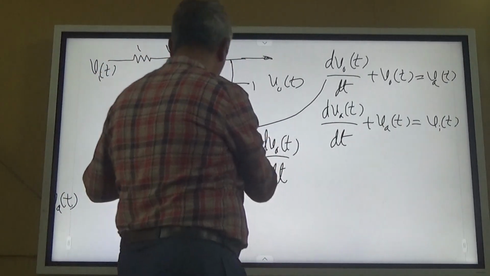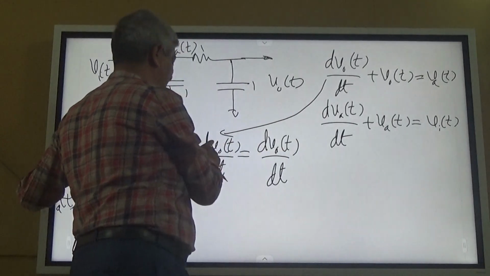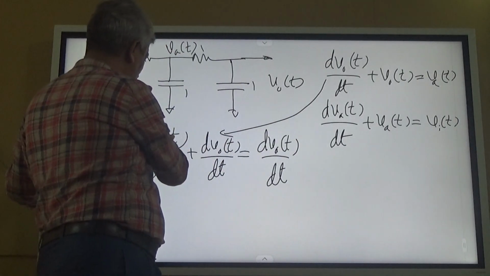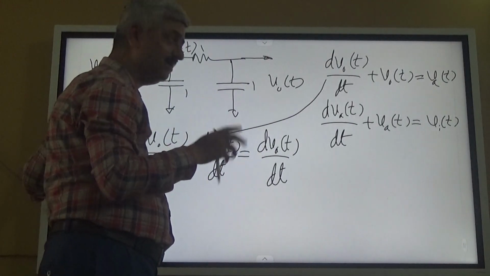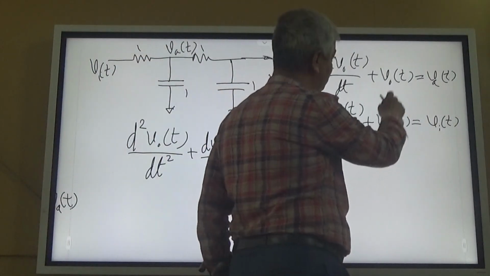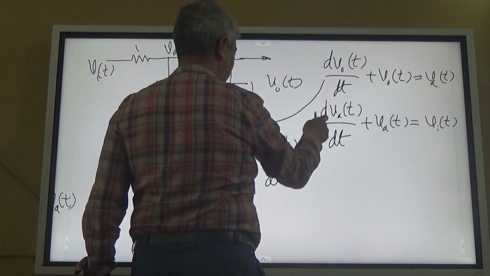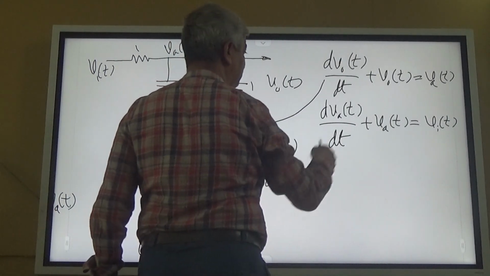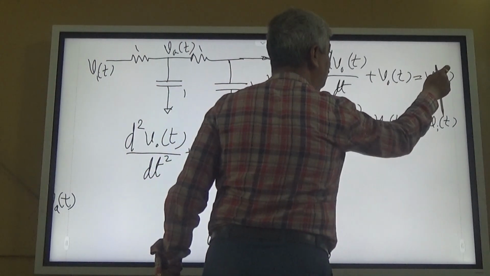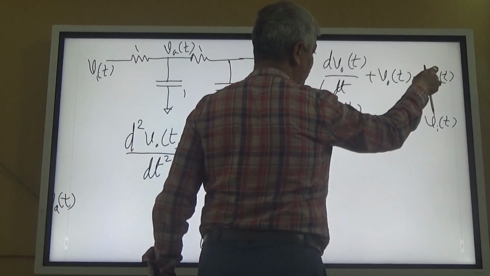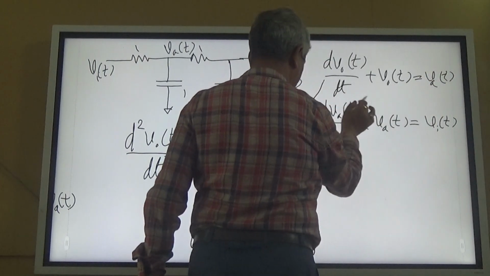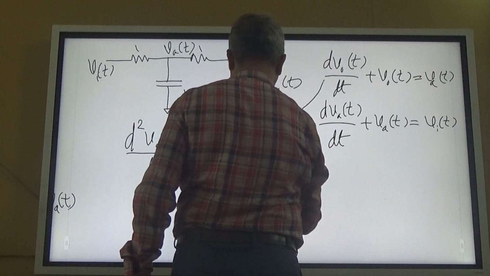For this term, I have things which only contain VOT. That's okay for me. For this term, I also have things which only contain VOT. So this plus this is equal to, what will I put? VAT. For this, I will put these two.